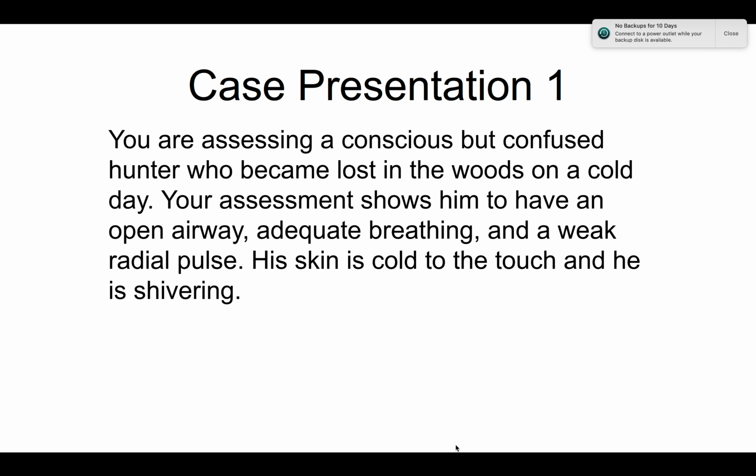So take a look at this case and see if you can figure out what this patient is showing signs and symptoms of. So he is still shivering, and he is conscious but confused. This would be early stages of hypothermia.